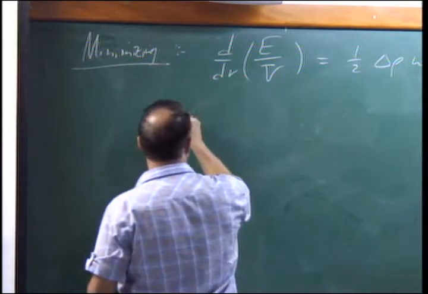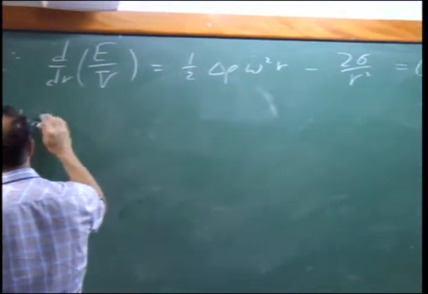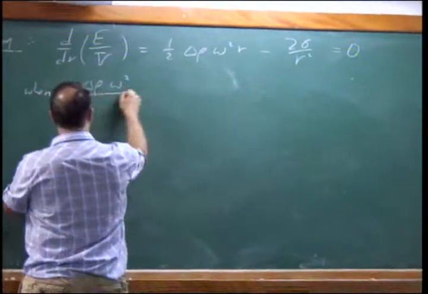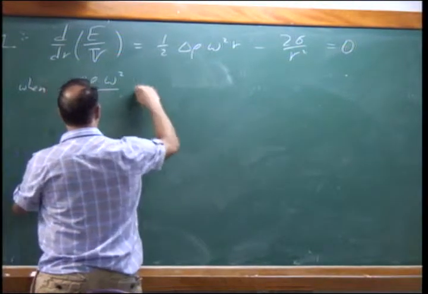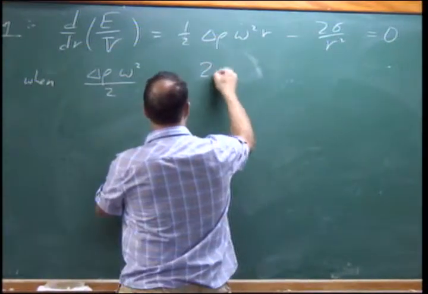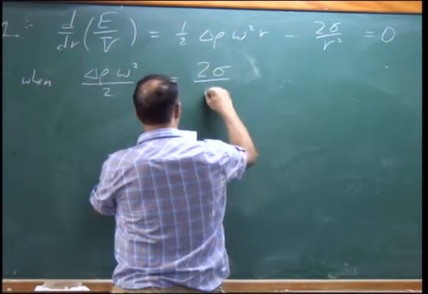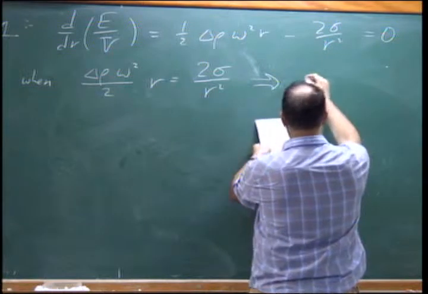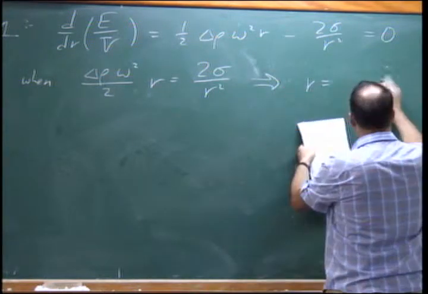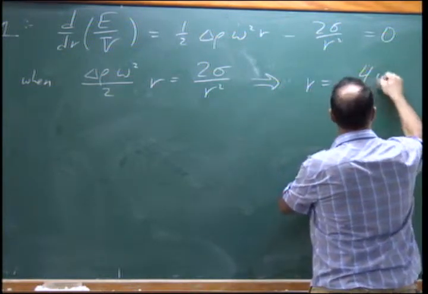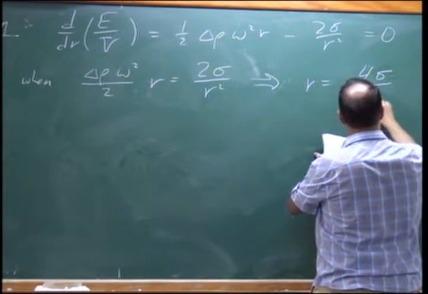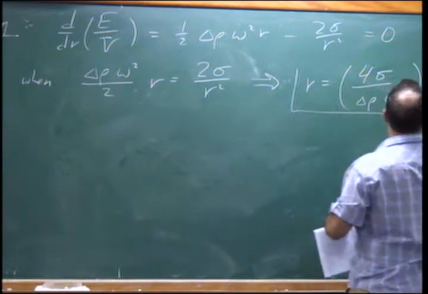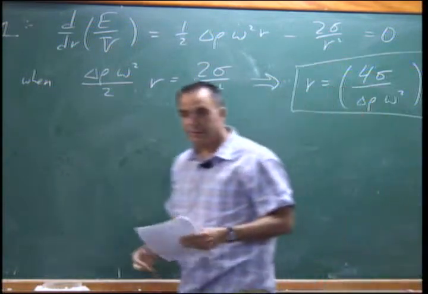Okay, so this will be minimized. Okay, so this gives us the radius, the drop radius, which minimizes the system energy.